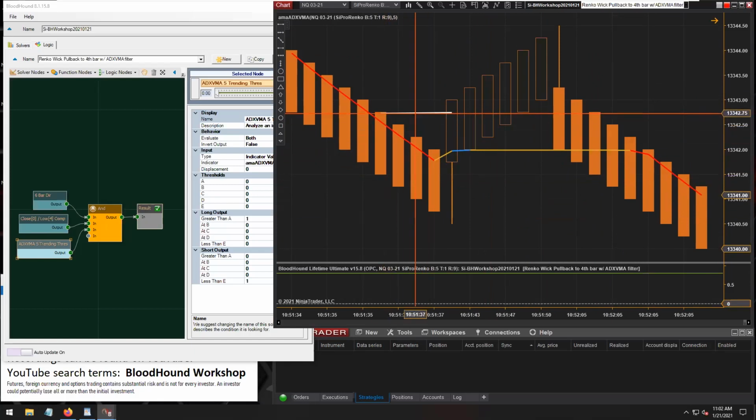Now, what we just saw here is that price had moved so fast, and it could have been that price actually had gapped up on us. Price might have gapped up, and it moved so fast that BloodHound wasn't able to generate a signal because price had gapped up there.